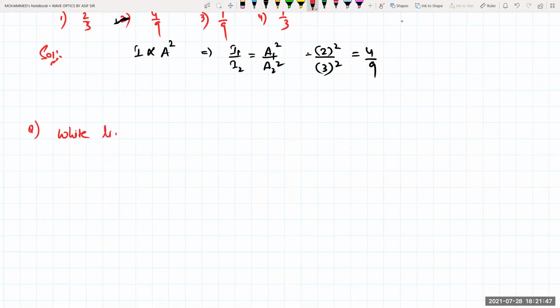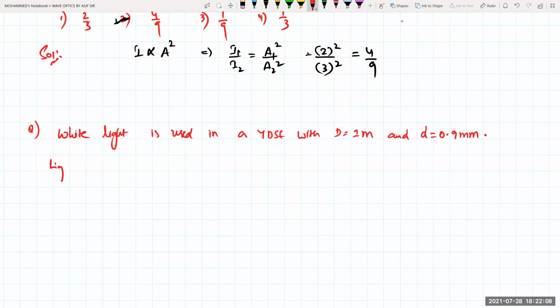White light is used in a YDSE with capital D equal to 1 meter and small d equal to 0.9 mm.